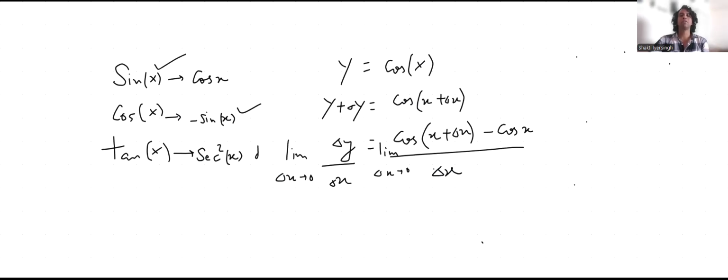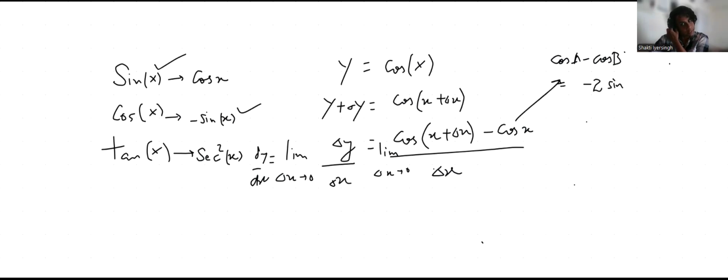Now we're going to apply the cosine A minus cosine B formula here. And this is equal to, what is the cosine A minus cosine B formula? It's minus 2 sine A plus B upon 2 sine A minus B upon 2.